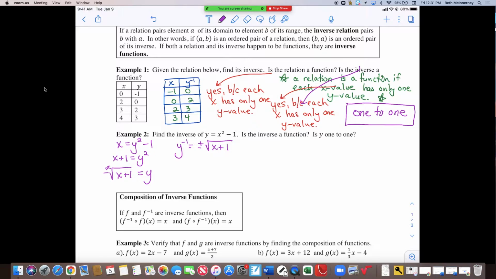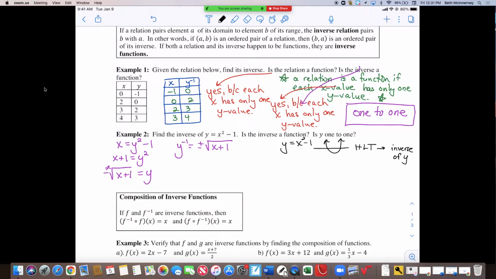If I draw a horizontal line through the original graph, that tells me whether its inverse is a function. So is the inverse a function? No, it fails the horizontal line test. So here's what I want you to write down, so that maybe when you look at this later: y equals x squared minus 1 is a U shape, and the horizontal line test tells me about the inverse of y.